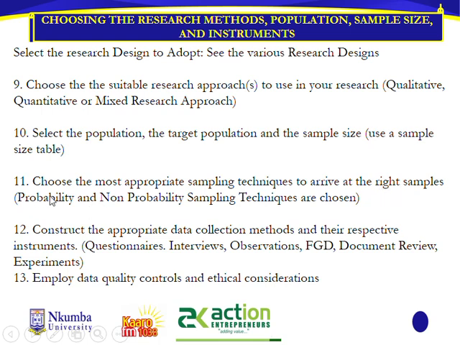You could use either probability or non-probability sampling techniques to choose the teachers or the participants in your study. Still at this stage, for you to select the most appropriate sampling technique, it requires you to look at the various sampling techniques available.